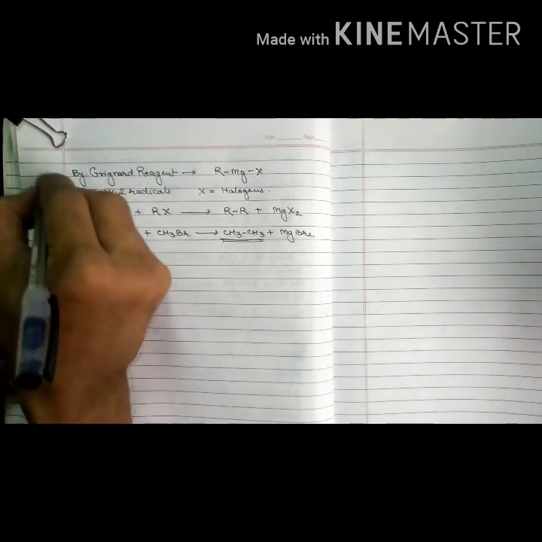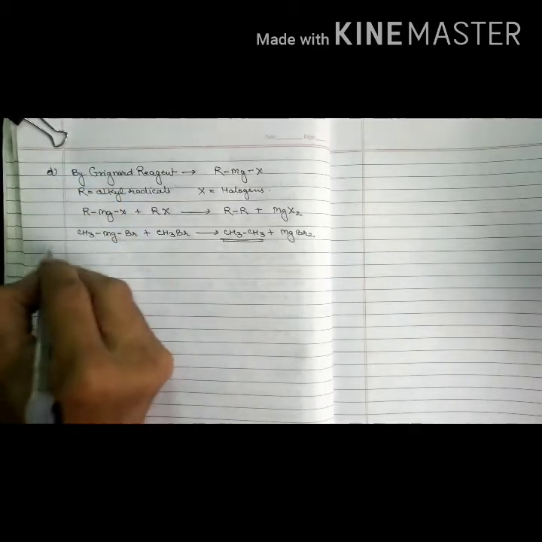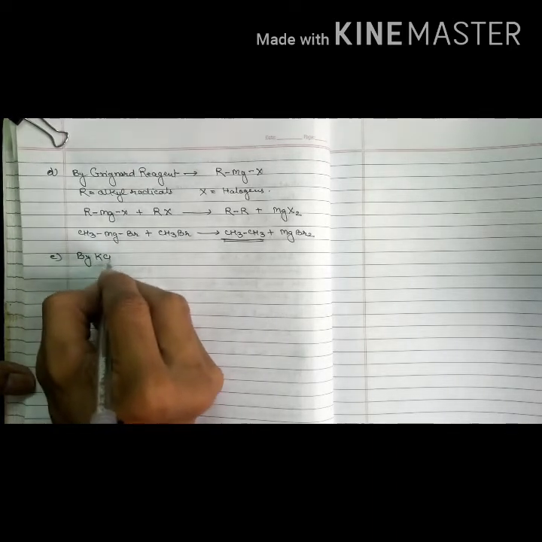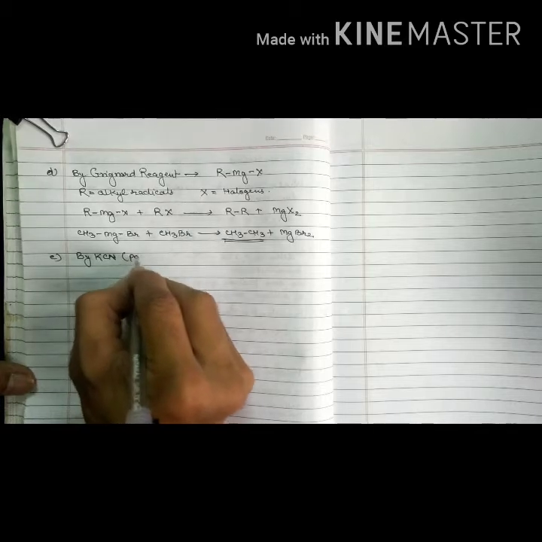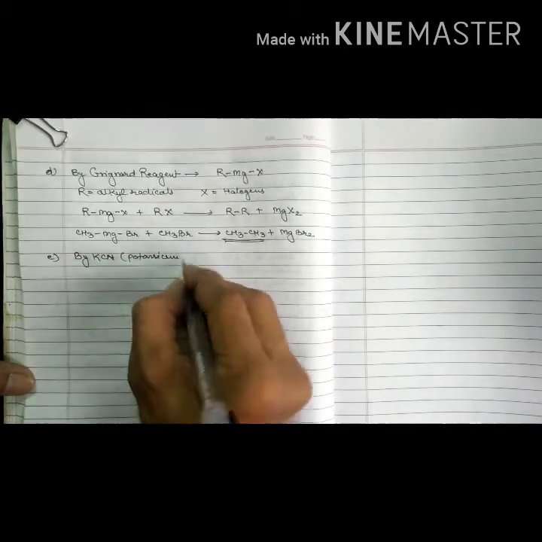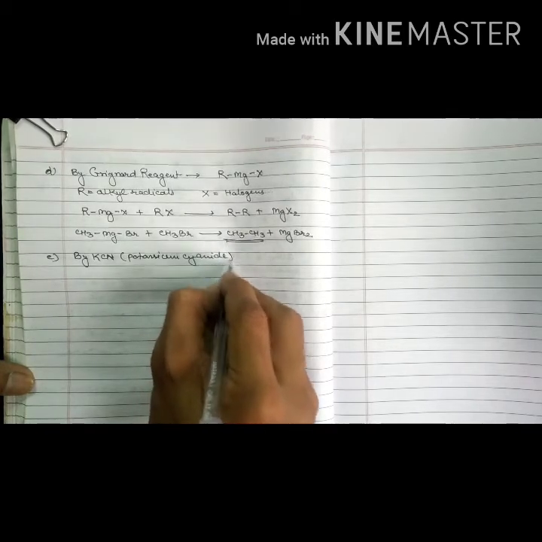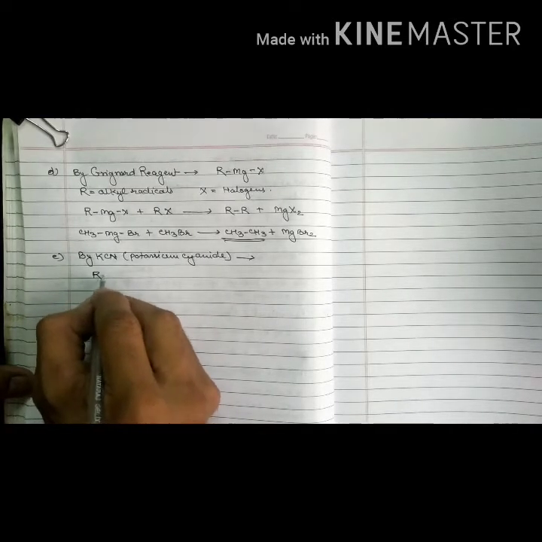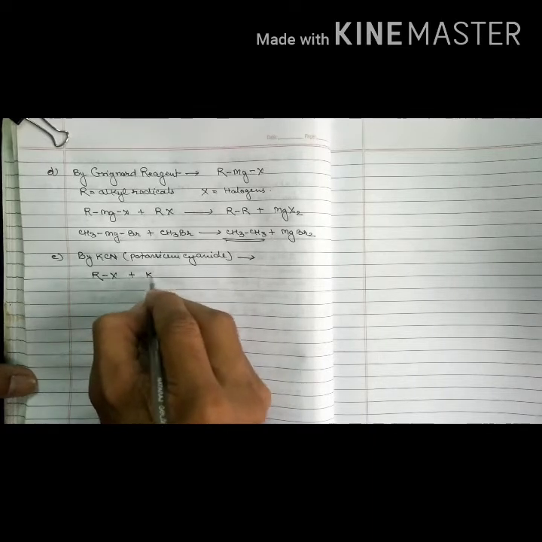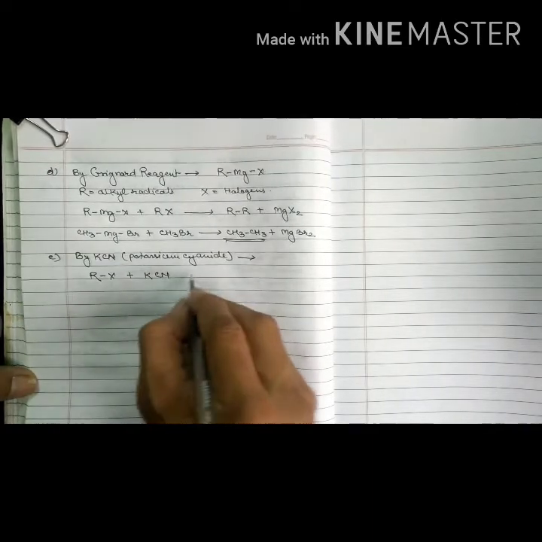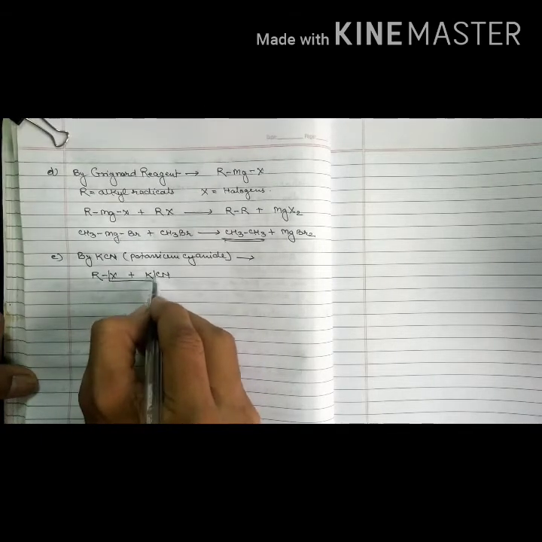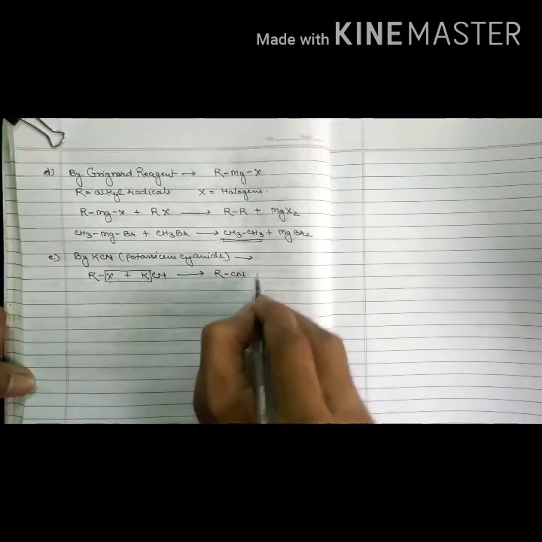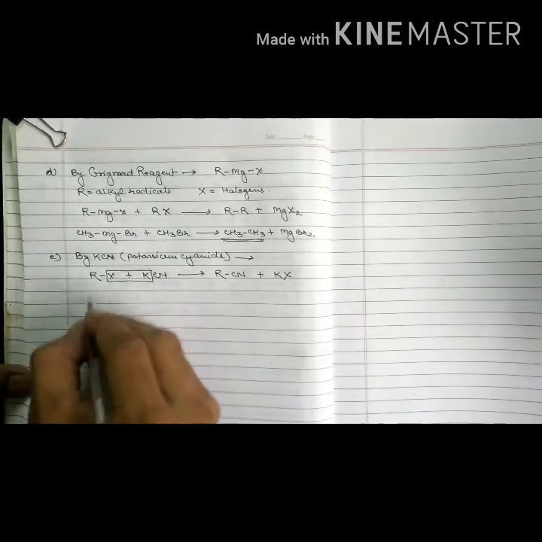The next is by potassium cyanide. RX, that is the alkyl halide, on reaction with KCN, potassium cyanide, KX will be removed, giving RCN plus KX.